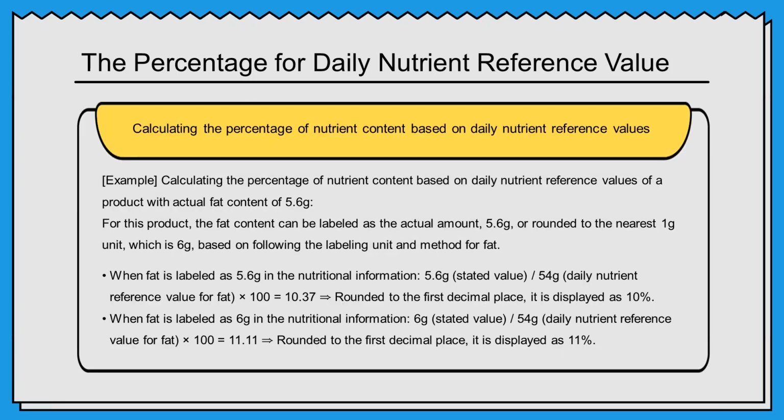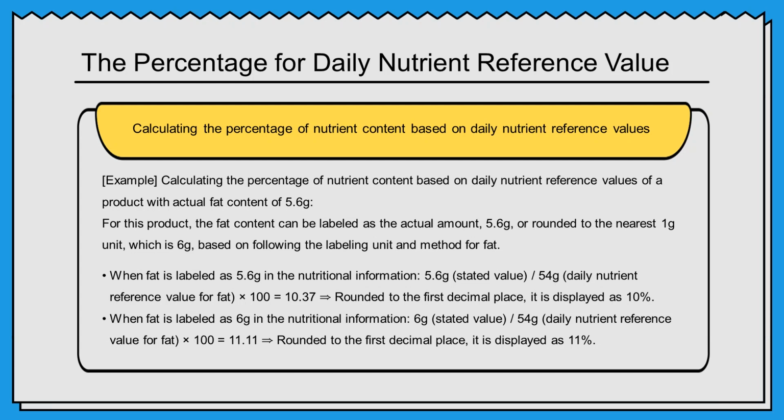Now, let's calculate the percentage of nutrient content based on daily nutrient reference values for a product with an actual fat content of 5.6 grams. In this scenario, the actual content of 5.6 grams can be presented as it is, or rounded to the nearest 1 gram unit, which would be 6 grams.